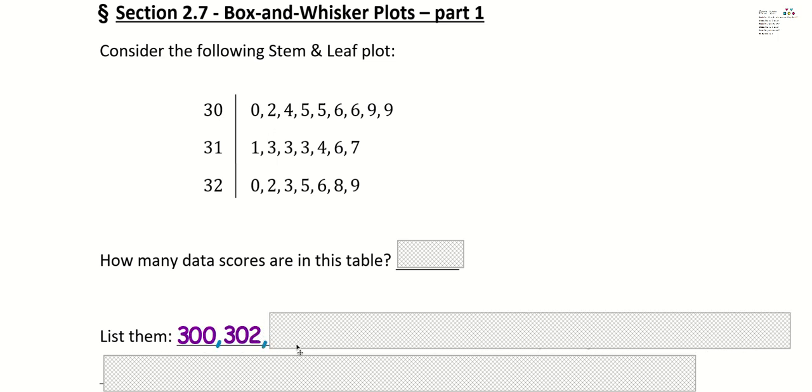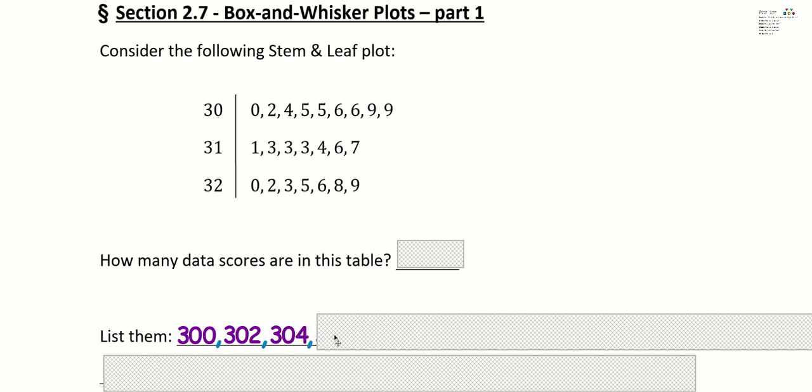So the list starts off like this: 300, then 302, then 304. These are all the leaves for the 31. It's not so much a 31, it's more like 3, 1, and then 1 for 311. And these are the leaves for this stem: 320 for 320, 322 for 322.